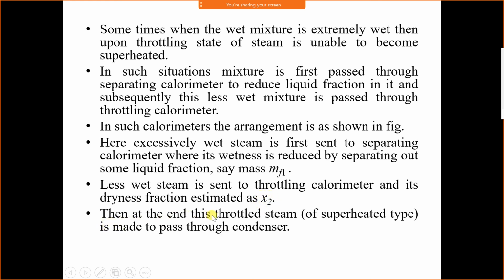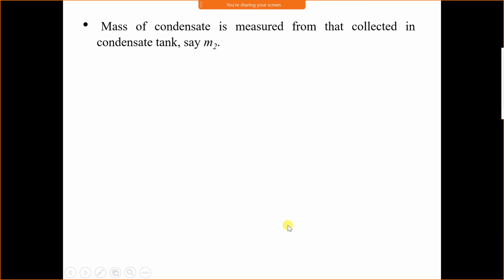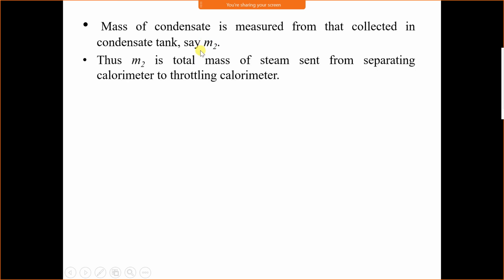Then at the end, this throttled steam is made to pass through a condenser, where its mass is collected, and the mass of condensate measured from the collected condensate tank is m2.